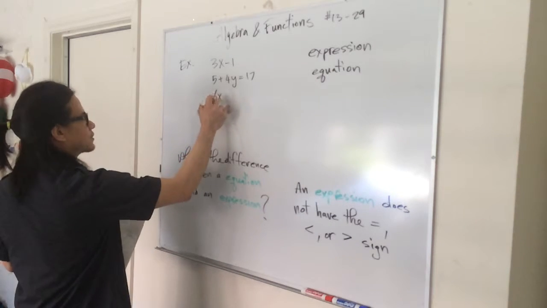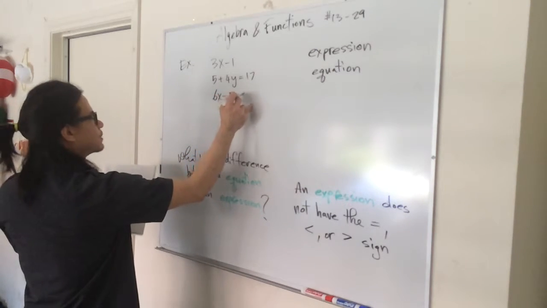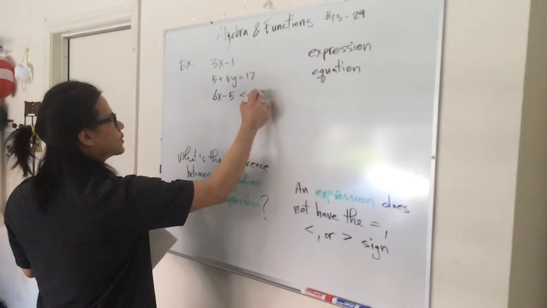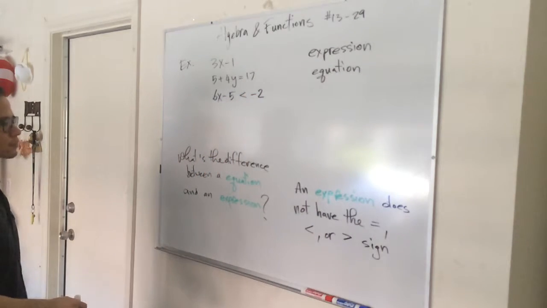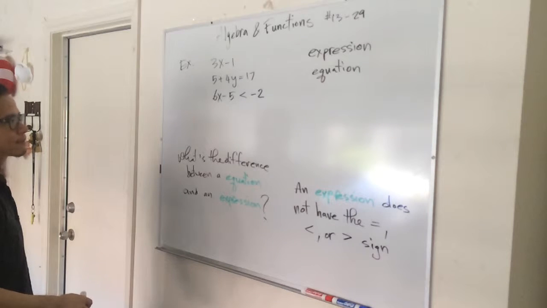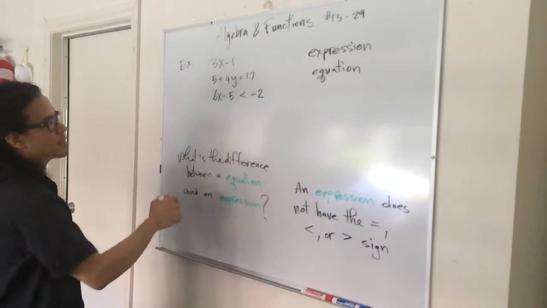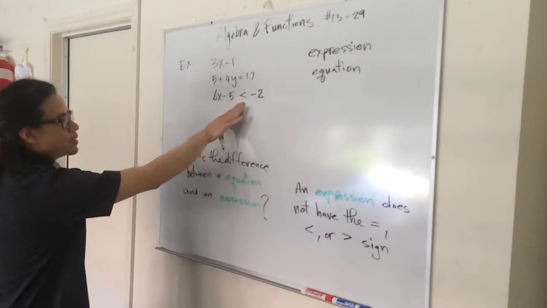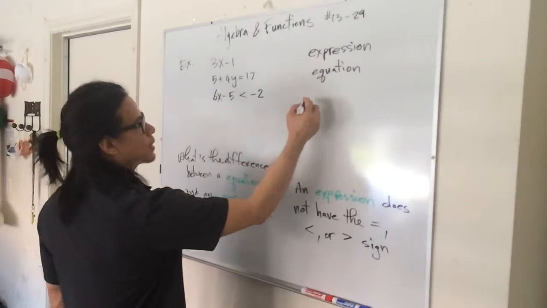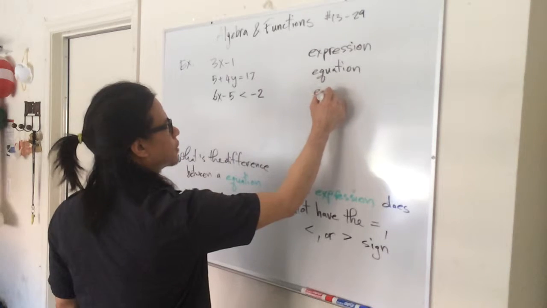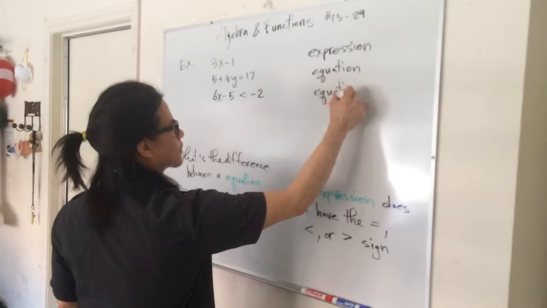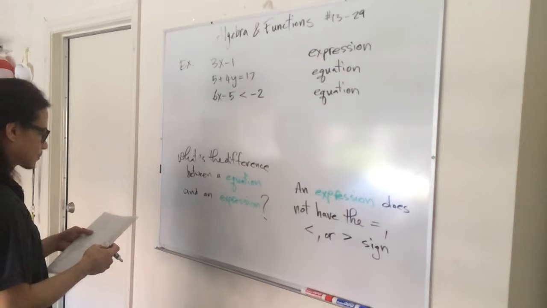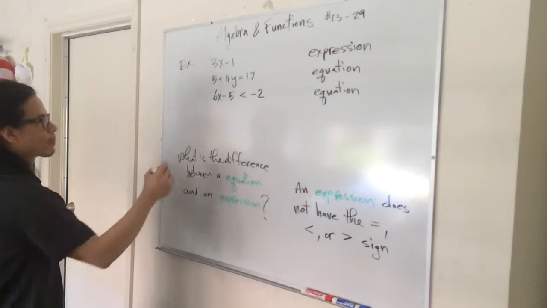Okay. 6x minus 5 is less than negative 2. Check to see if there's an equal, less than, or greater than sign. There is. So this is an equation. Okay.